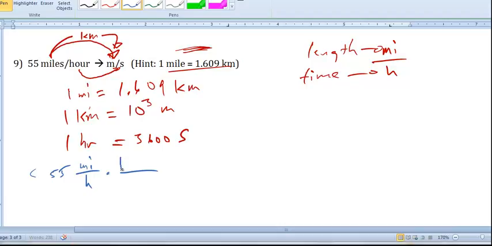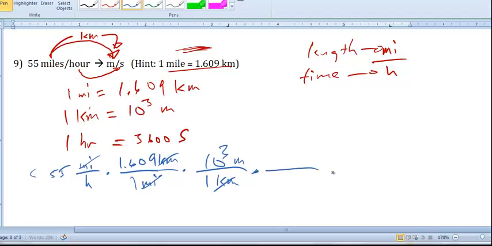That's 1.609 kilometers over 1 mile times 10 to the third meters over 1 kilometer. Okay, let me catch up here. So miles cancels miles, kilometers cancels kilometers. And now we have meters on top, but we still have these pesky hours, so we got to convert that. So I'm going to put 1 hour on top, 3,600 seconds on the bottom.